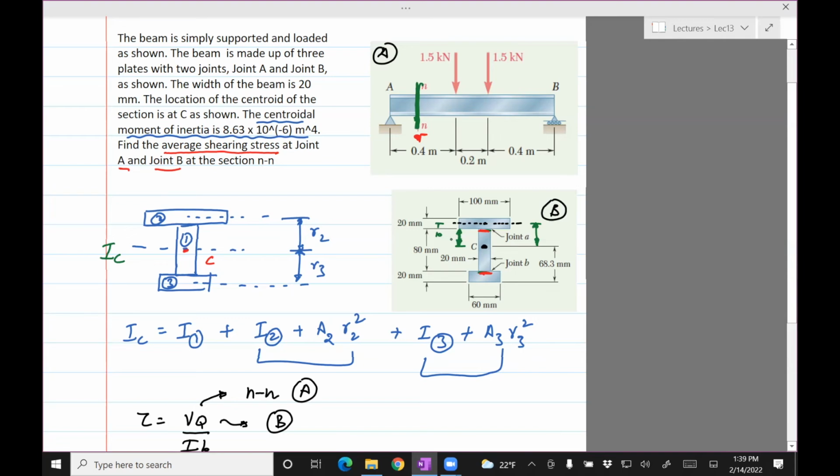I was thinking of using this height: this is 20, so 68.3 minus 20 is 48.3. And this height is 80, so 80 minus 48.3.